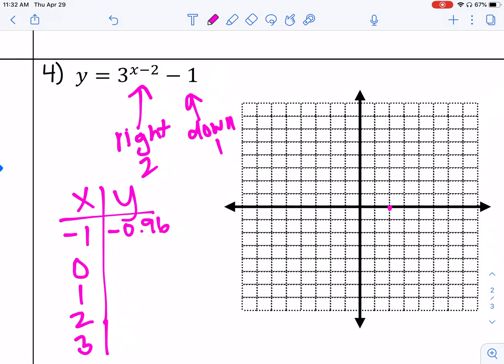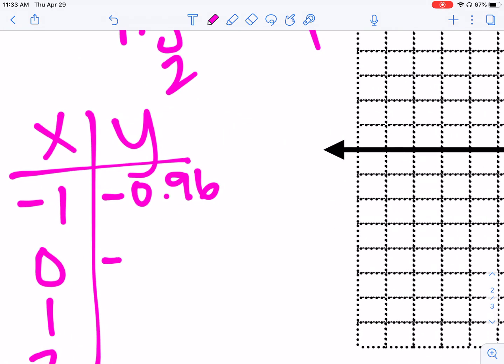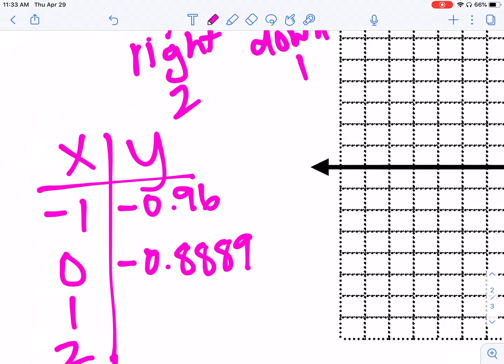And then, let's see, when x is 0, we have 3 to the negative 2 power, which is 0.111111 repeating. And then subtract 1 to finish out the rest of that equation, and we get negative 0.8889. How about? And that's our y-intercept.